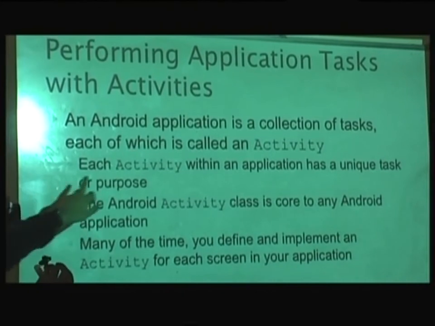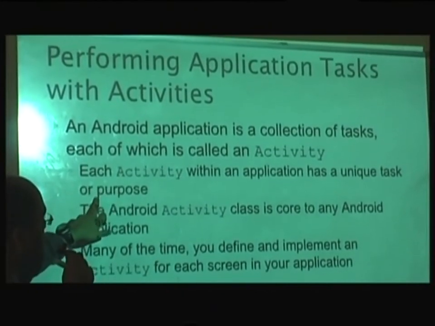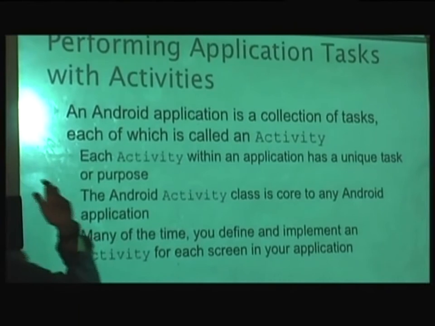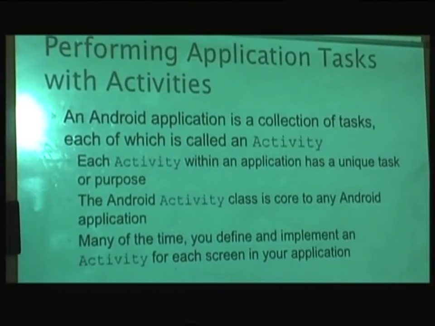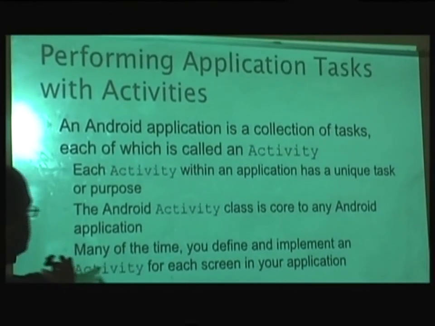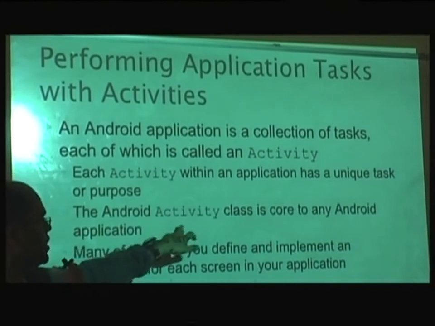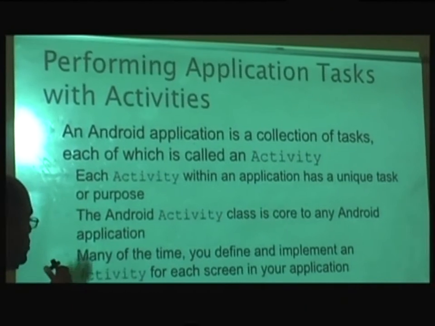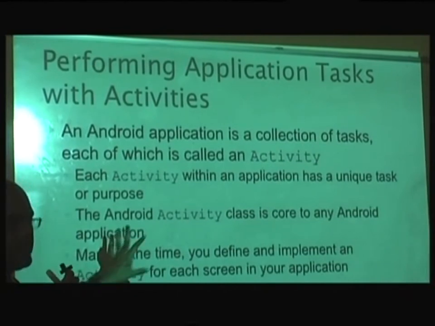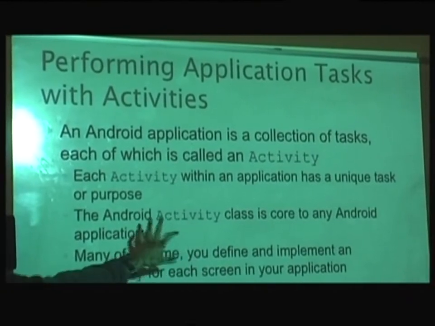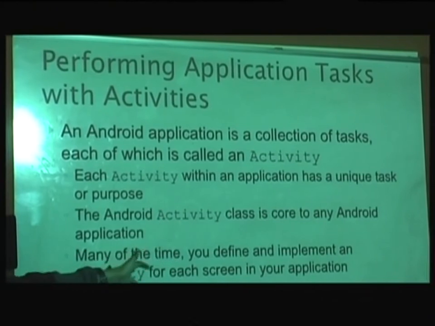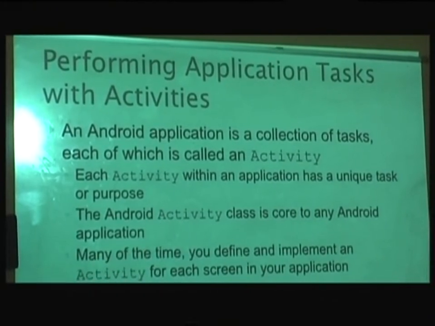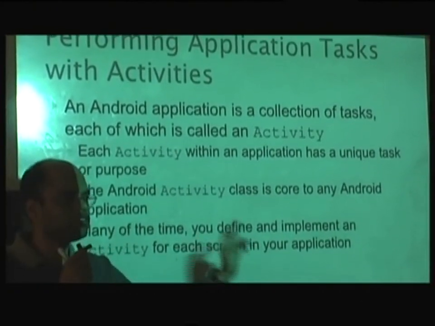Each activity within an application has a unique task or purpose, so logically you can divide the application into activities. This is a very core thing for Android applications, and we'll see why it is so. Typically, this is a rule of thumb, not a final rule: you define and implement an activity for each screen in your application.